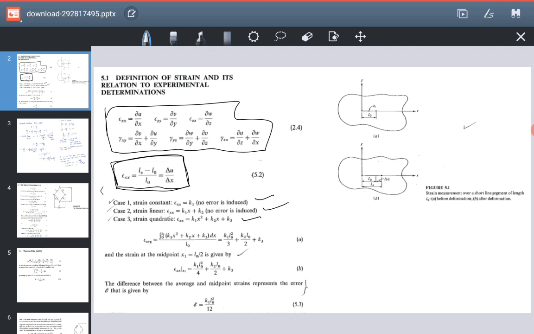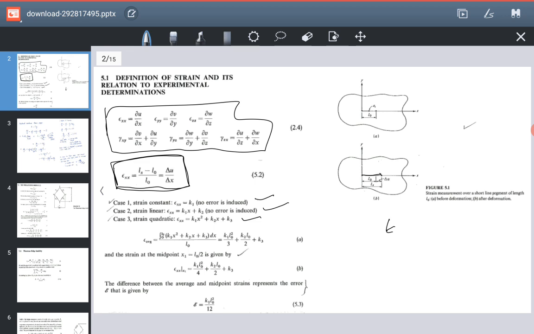Now, the author mentions that in case 1 and case 2 there will be no error, and if you see the notes, it is demonstrated how the error will be 0.